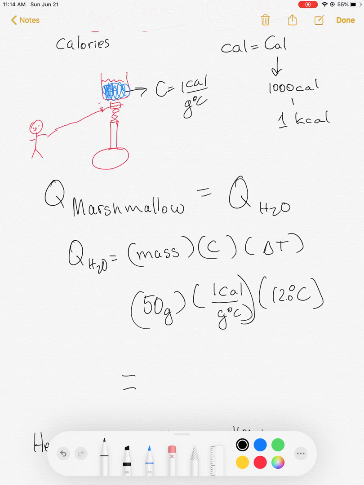Because the definition of a calorie is the amount of energy needed to raise 1 gram of water by 1 degree Celsius. We're not saying that water has calories. What we're saying is it takes that much energy to change its temperature.